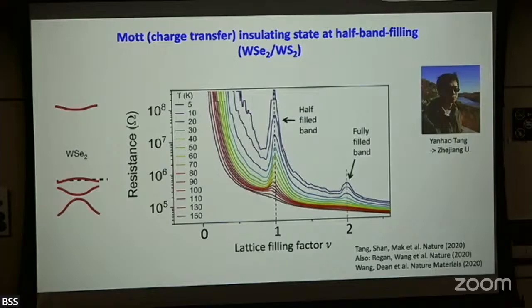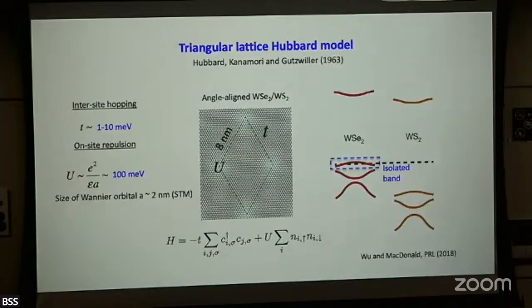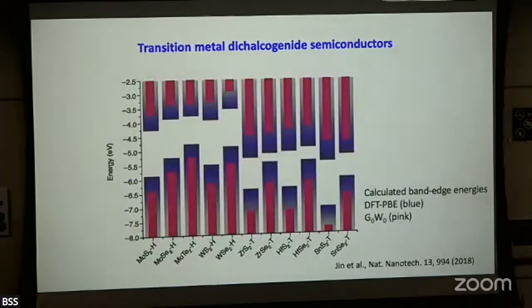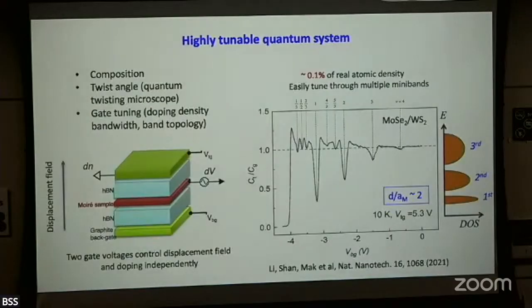In this case, the device structure is just as what I showed here. We have a top gate and a bottom gate, and we vary those two together. If those two gates are symmetric, you have a symmetric part and an anti-symmetric part. The symmetric part, the average of the two gate voltages, gives you the change in density, and the anti-symmetric part gives you the vertical displacement field.